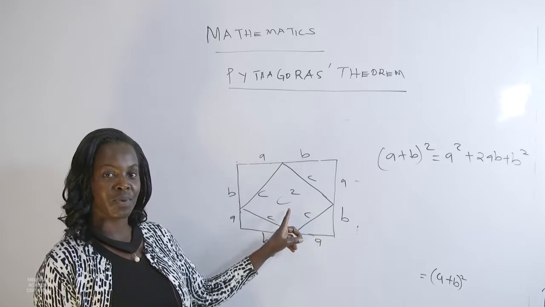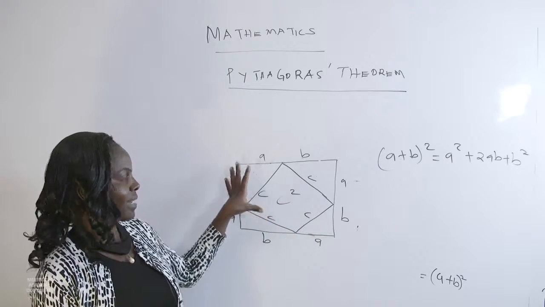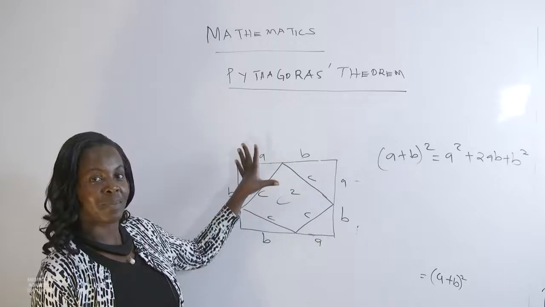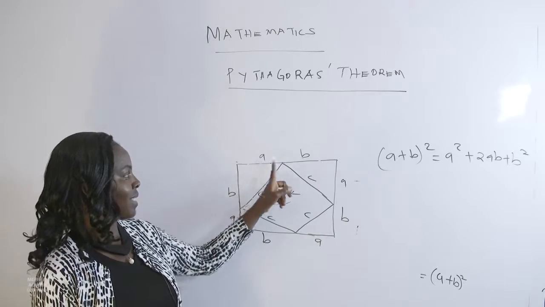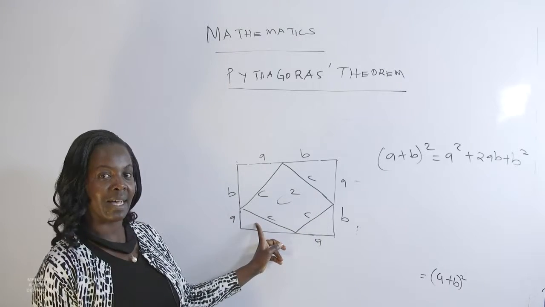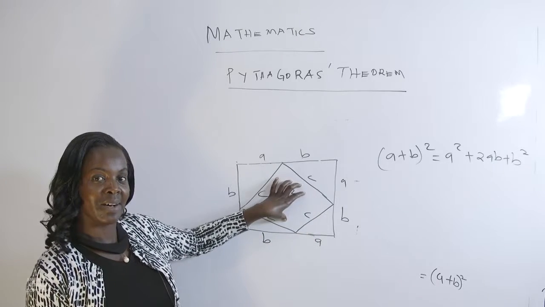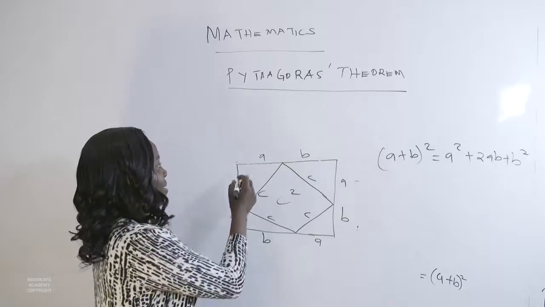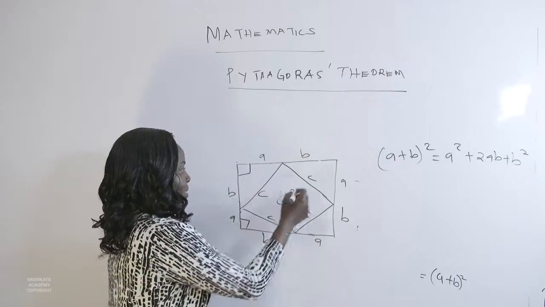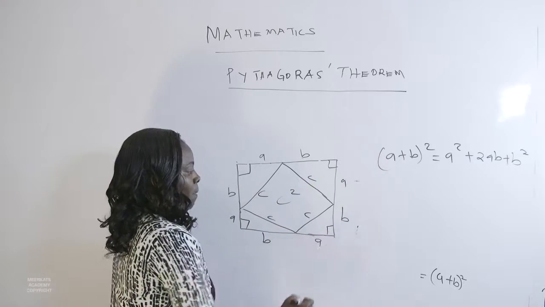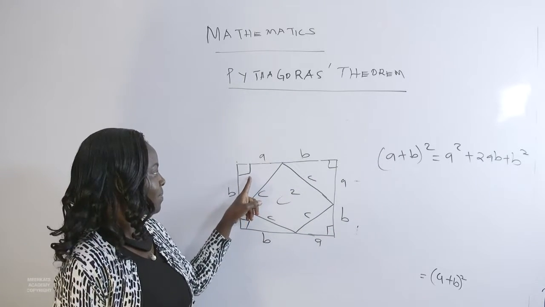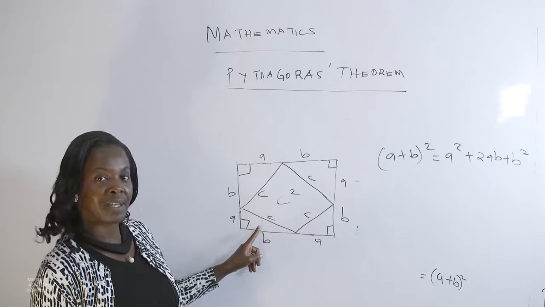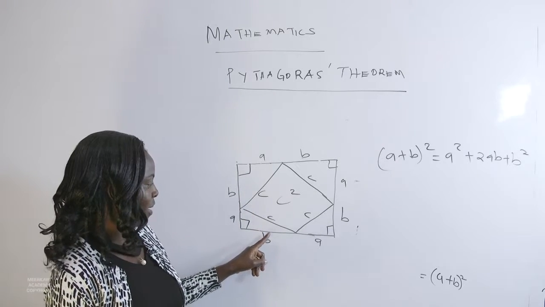We want to determine if really, if we find the area of the bigger square, then subtract the area of the triangles here, we'll be able to find the area of the inside square. So what is the area of the triangle? We have 4 triangles, and you see that all of them are measuring A by B.